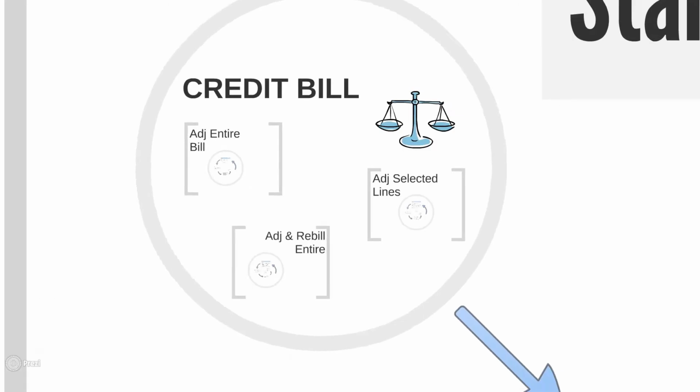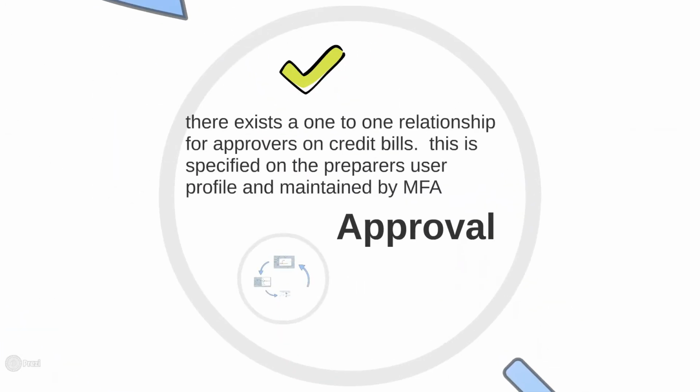So let's move on to the approvals process. Currently there exists a one-to-one relationship for the preparers of bills and approvers for credit bills. Currently that's maintained in Mayor's Finance on the user profile for each user.